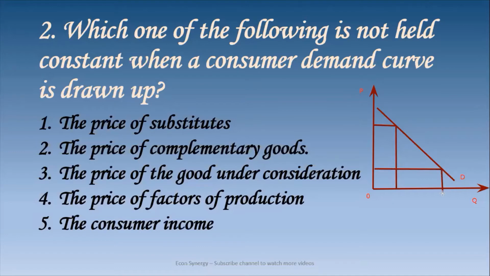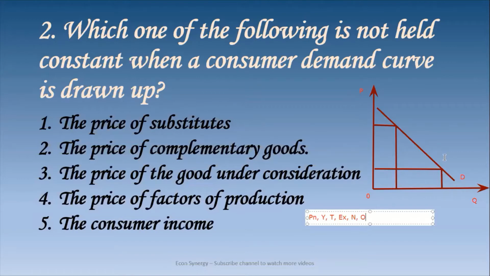Then all the other factors affecting demand remain constant. What are all the other factors? Prices of complements and substitutes, consumer income, consumer taste, future expectations, number of buyers in the market, and other factors affecting demand remain constant.